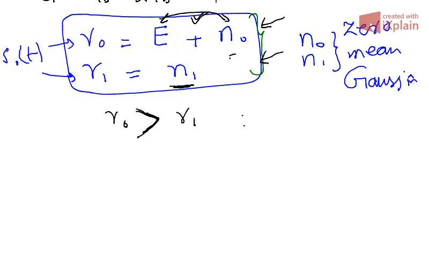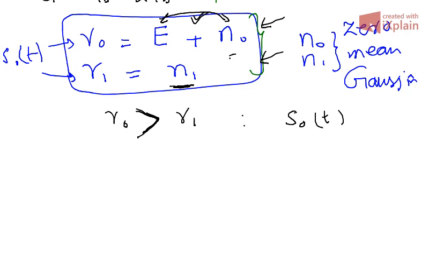and if it finds that R0 is greater than R1, then the detector, based on these two values R0 and R1, would decide that S0 is transmitted, right? It would decide that S0 is transmitted, because the upper branch, which is matching the received signal r(t) with S0(t), gives us that measure.